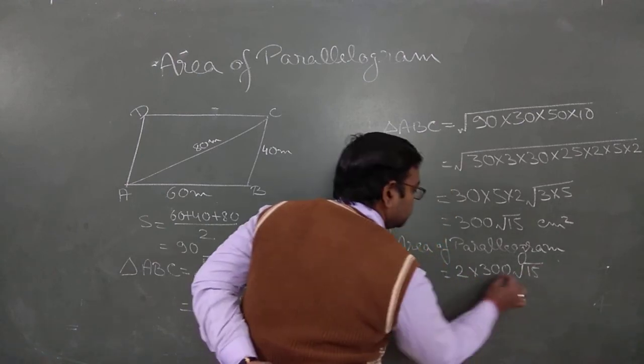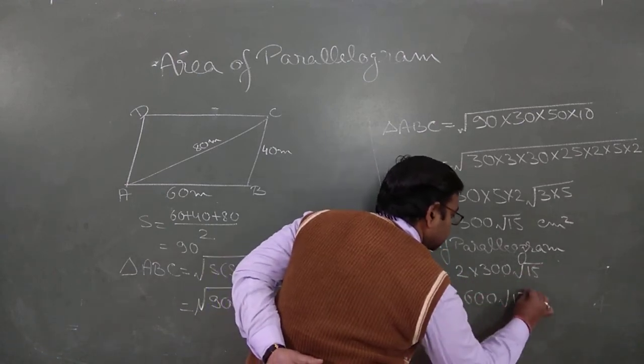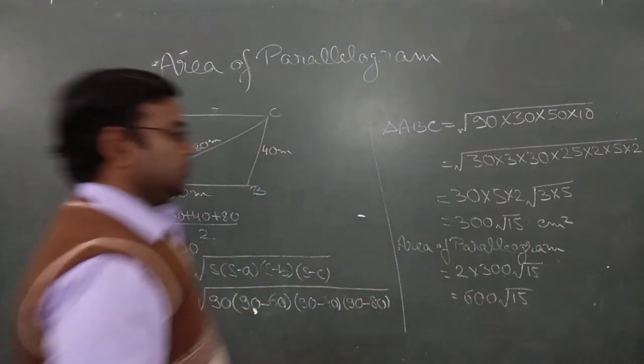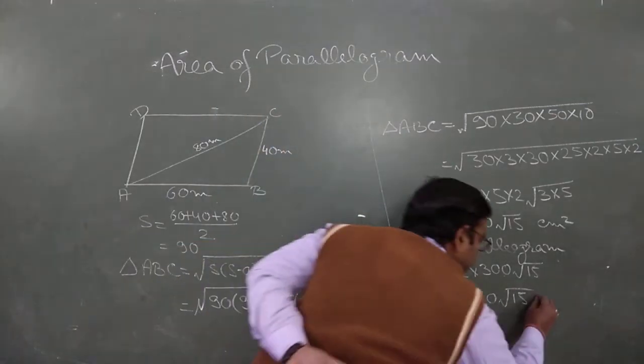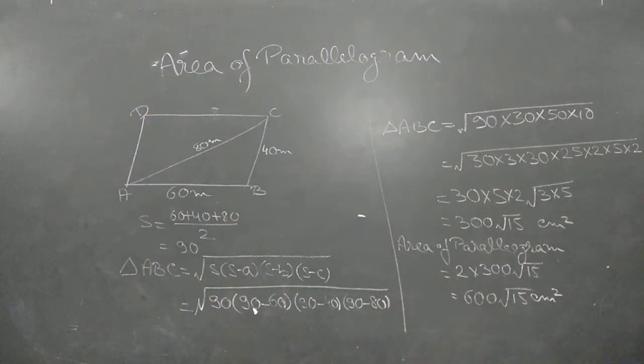So 2 into 300 is 600 under root 15 centimeter square. Need not forget this, write this one, centimeter square. Hope this one is clear to you. Move to the next question.